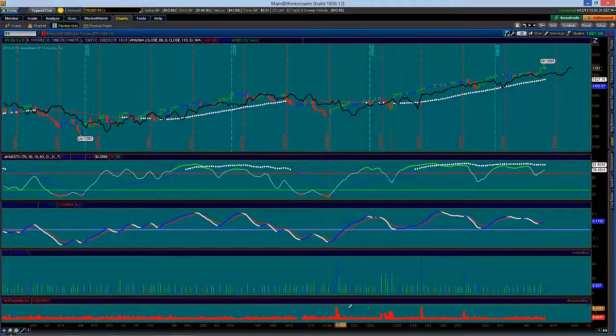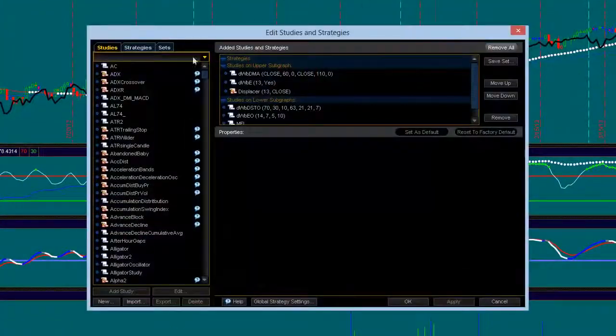So this was part of the study set that Bill Williams was using in Trading Chaos, and he had this along with a moving average convergence divergence, which most are pretty familiar with.